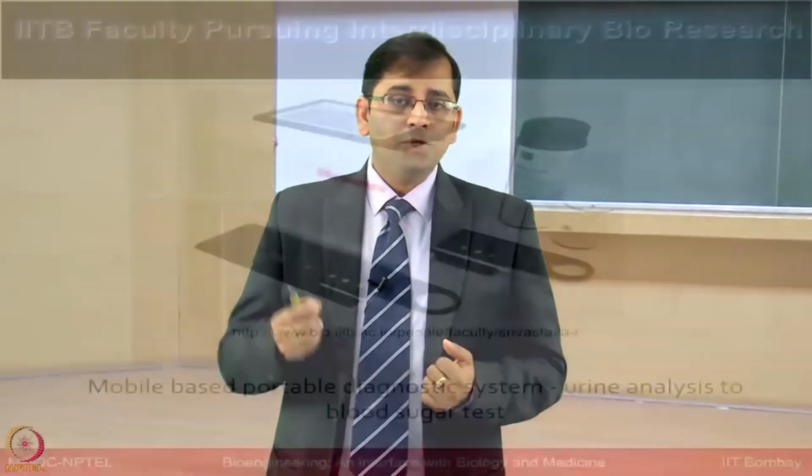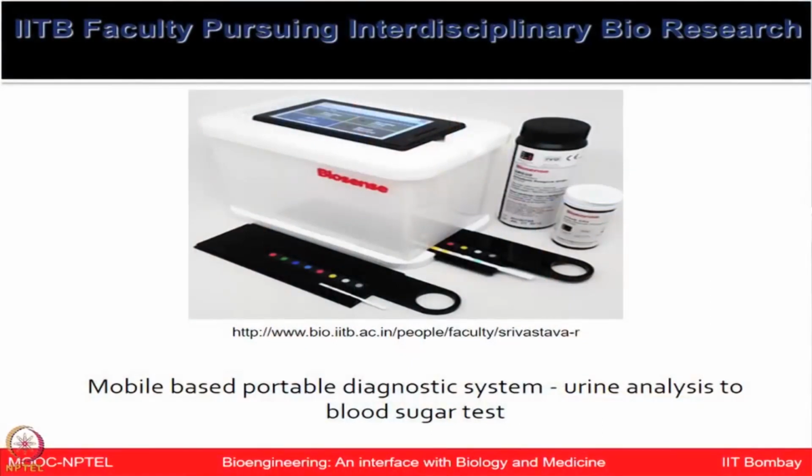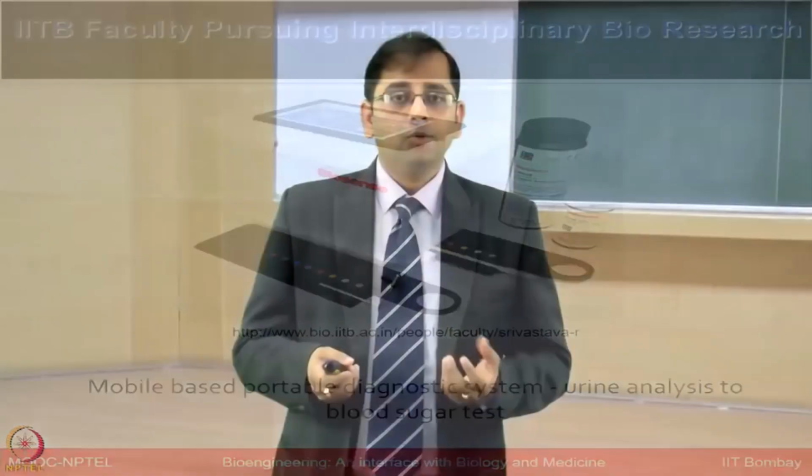Many of our faculty are from engineering backgrounds, some from medical backgrounds, some from basic science backgrounds. They are pursuing interdisciplinary bio research. For example, shown here is one of the mobile based portable diagnostic systems which has been used for urine analysis to blood sugar tests. Again, these kinds of mobile based portable devices can be so handy and very useful.